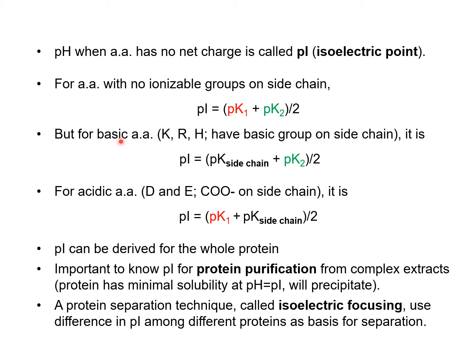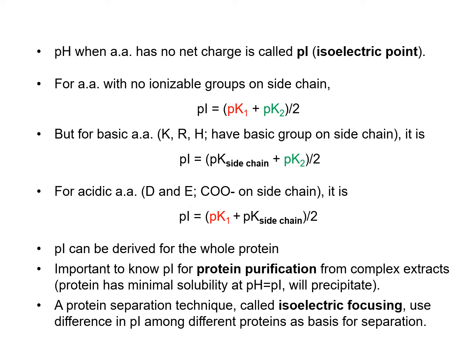But for the basic amino acids, such as lysine, arginine, and histidine, which have basic groups on their side chains, the pI is now the pK side chain, which is more basic, plus pK2, the most basic pK value, divided by 2. On the other hand, for acidic amino acids, such as aspartic acid or glutamic acid, which have another carboxyl group on the side chain too, the pI value is now the pK1, the more acidic pK, plus pK side chain, another acidic pK value, divided by 2.